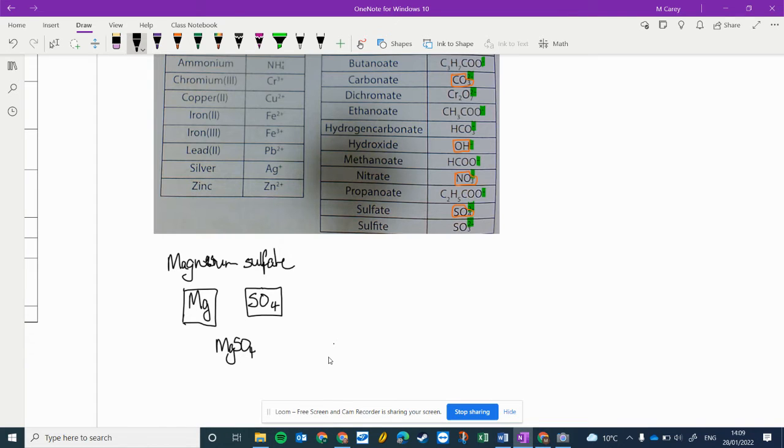Now, let's have a look at sodium hydroxide. So again, going to the table, sodium is group 1.